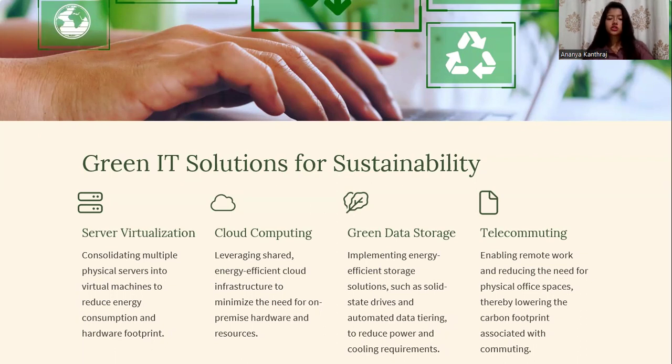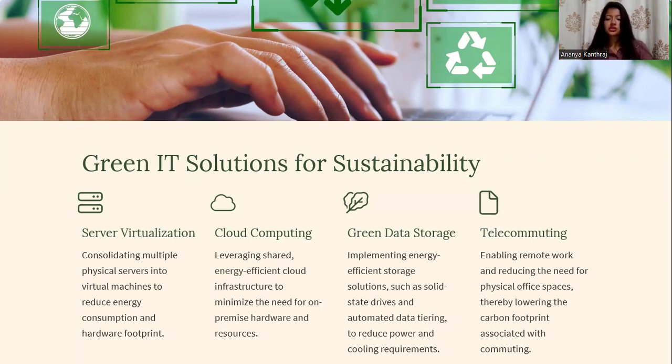Then comes cloud computing. Cloud computing is leveraging shared energy efficient cloud infrastructure to minimize the need for on-premises hardware and resources. Third comes green data storage: implementing energy efficient storage solutions such as solid state drives and automated data tiering to reduce power and cooling requirements.